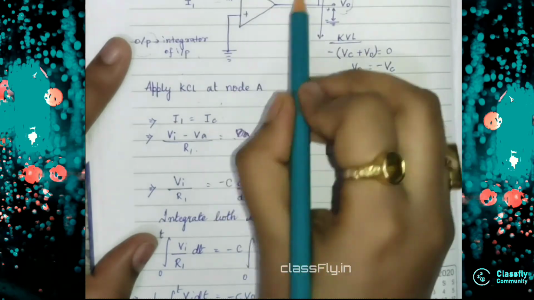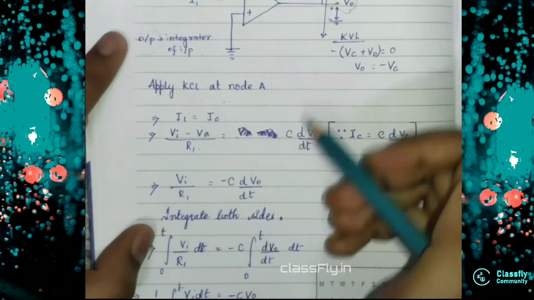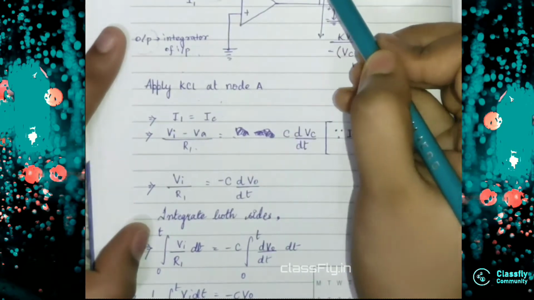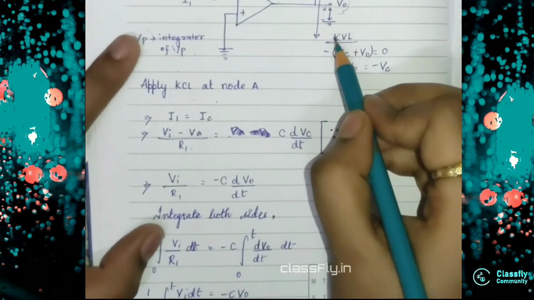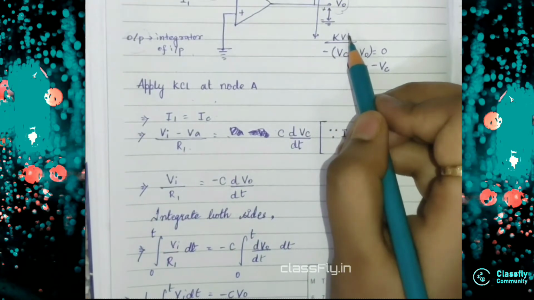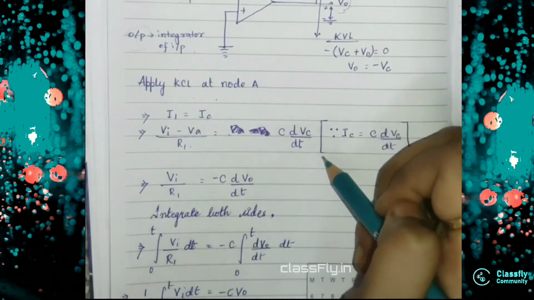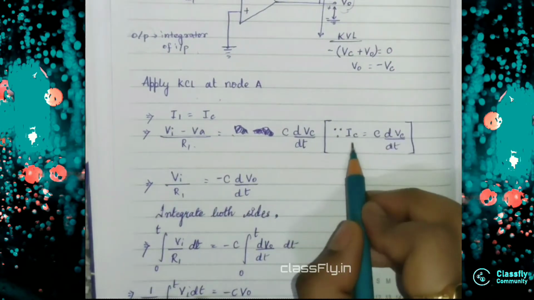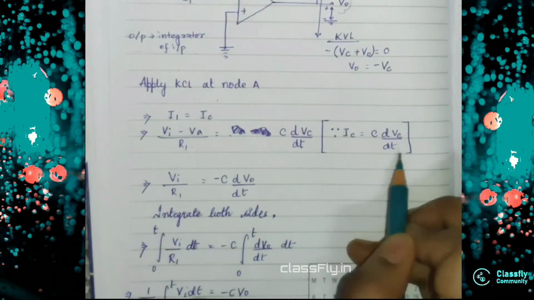But here there is no resistance, so Va minus V0 we can't do directly. But we have a capacitor, so we can differentiate the capacitor voltage with respect to t. We can do this because IC is equal to C dVc by dt.